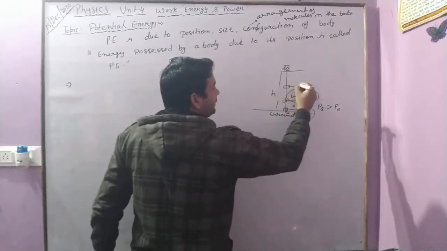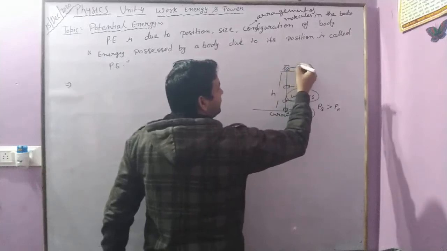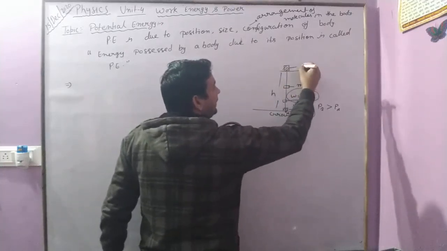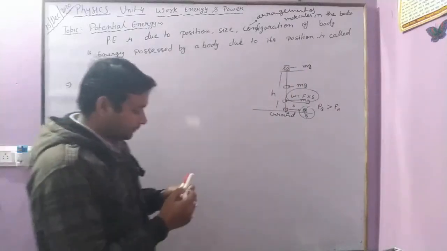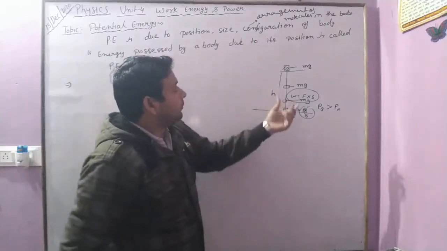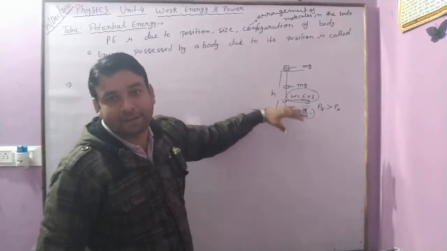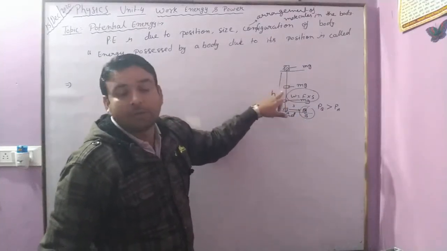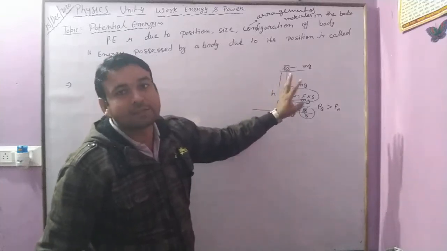When it is placed on the surface, the surface does the same work, equal to its weight mg, because we need to do the work against the attraction of gravity caused by this body having mass m.